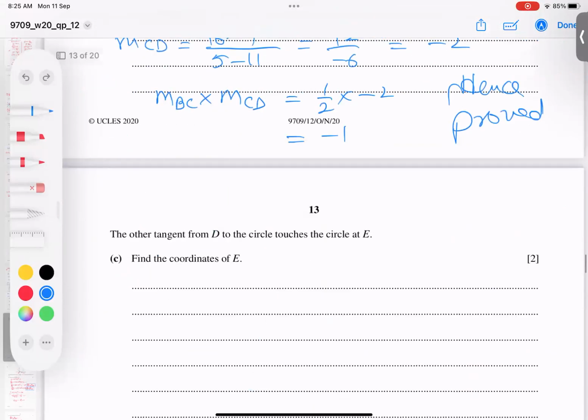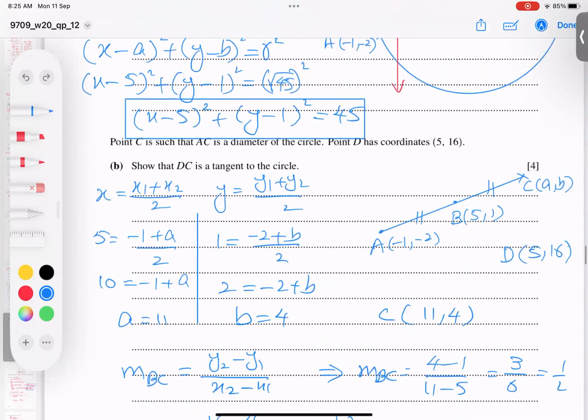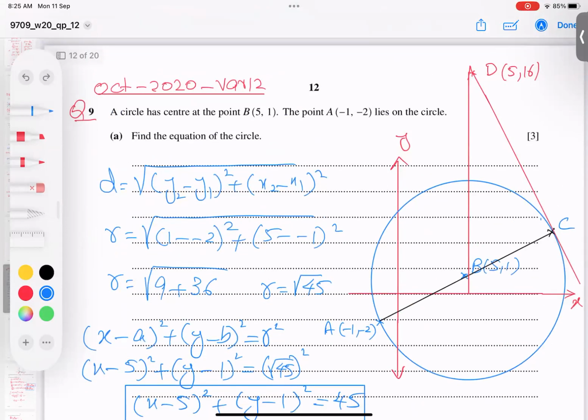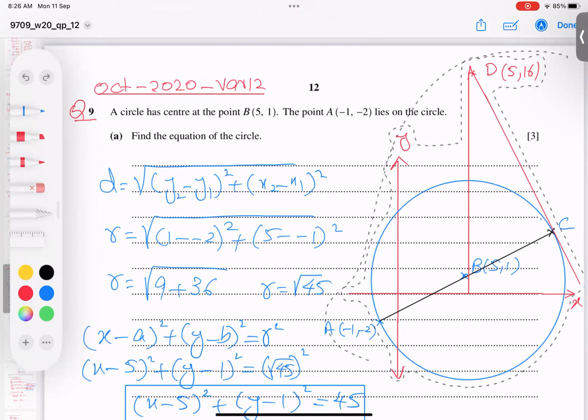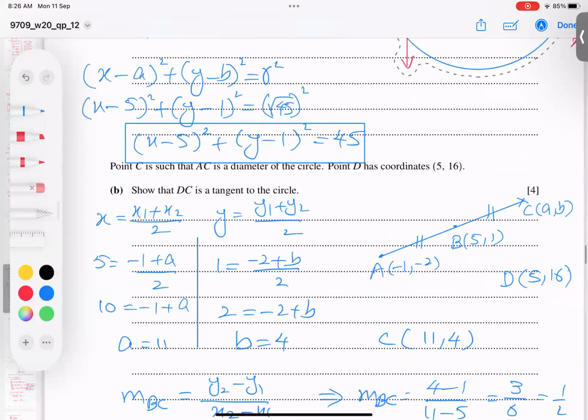Okay, Alhamdulillah Rabbil Alameen. Now, another tangent from D to the circle touches E. This is a very interesting idea, so let's try to elaborate on it. This diagram is very important, so I'll start here.